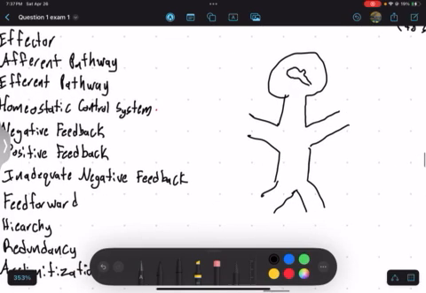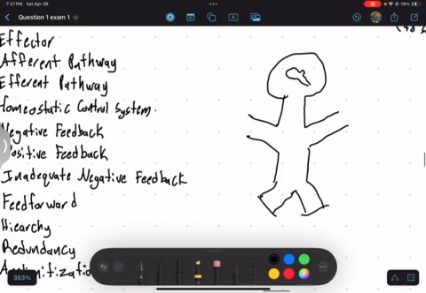So let's say that a cold front comes in, a cold wind. Our thermoreceptors are going to come pick that up.